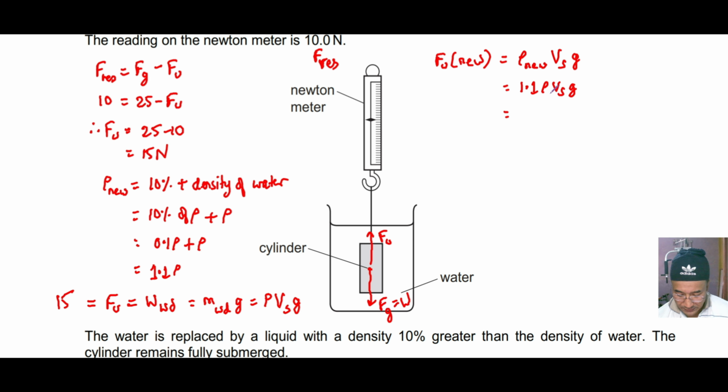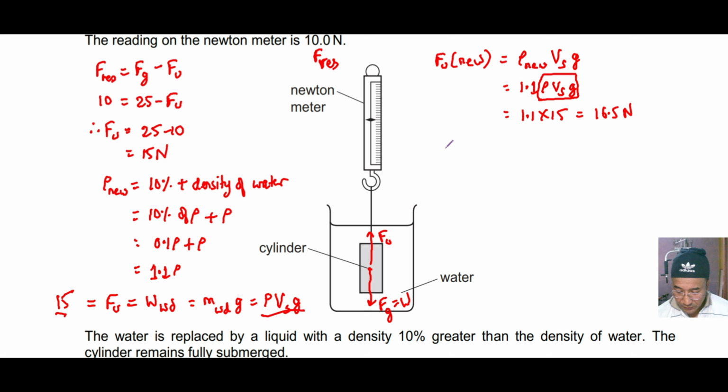So rho Vs g is equal to 15. So it's equal to 1.1 into 15, which is 16.5 Newton. So the new upthrust is equal to 16.5 Newton.